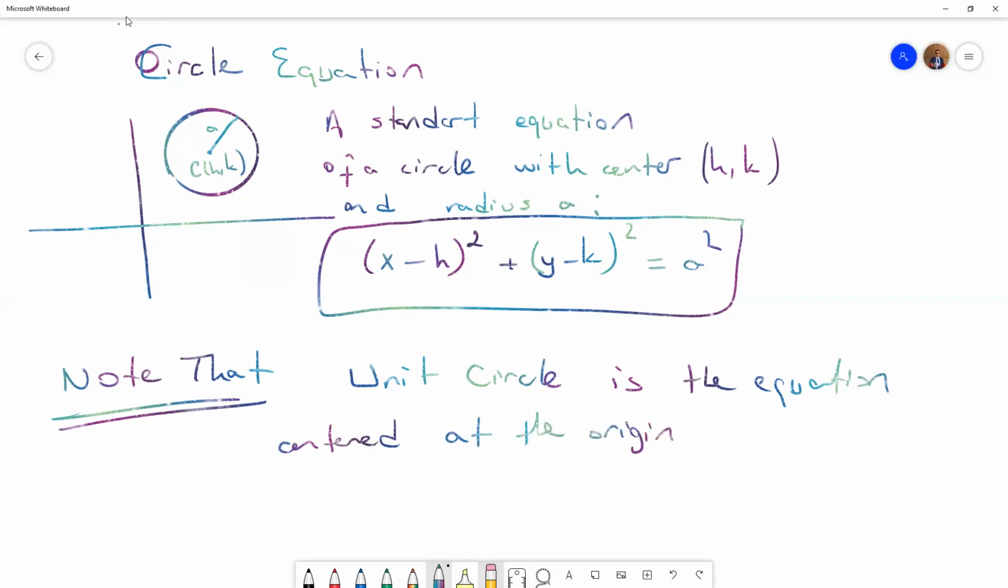I mean, the center is 0,0, 0 axis and 0 ordinate, with radius 1. So we have x squared plus y squared is equal to 1. This is the unit circle.